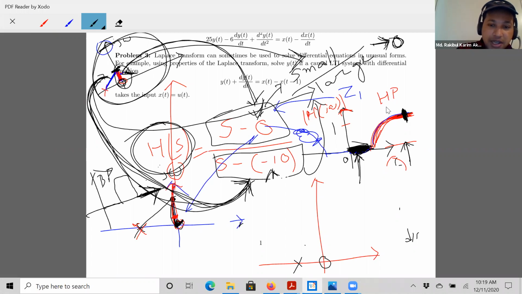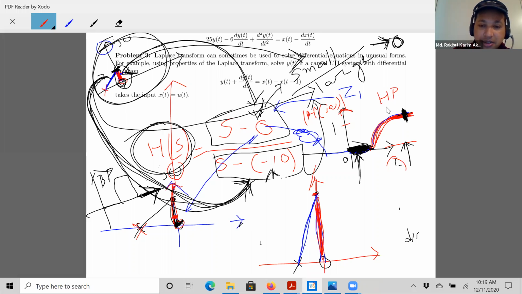When frequency is very high, say at this point, if you draw the lines, this is your zero's line, and this is your pole's line. Draw it in a different color. So this is the red line, and this is the blue line, like the similar one. If this frequency is very high, what will happen?